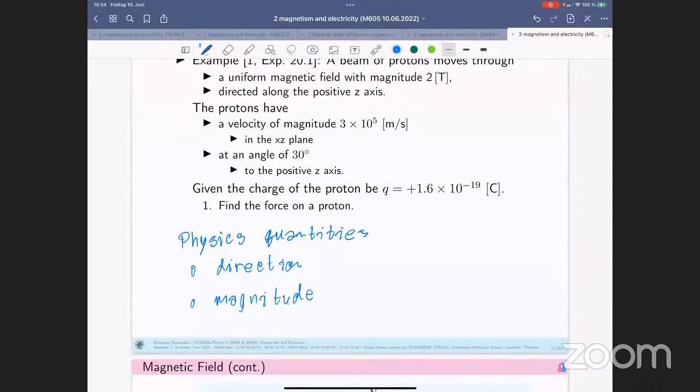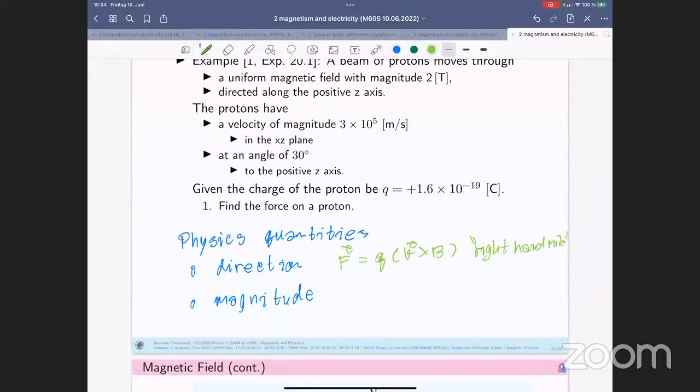Direction could be found from the so-called right-hand rule, or F equals q v cross B, right? Or simply speaking, is known as right-hand rule, right?